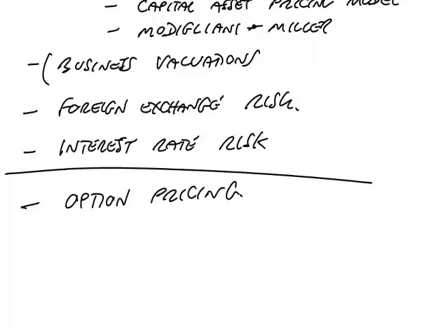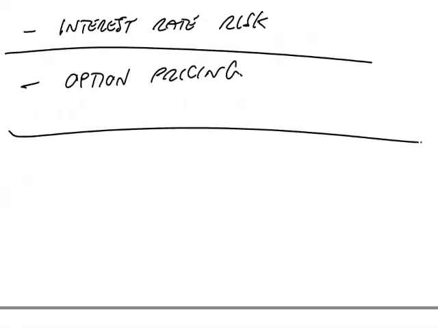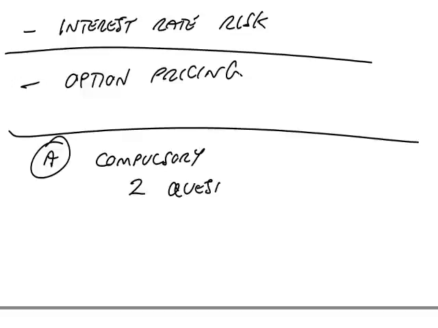A couple more general points. The layout of the exam, the style of it. I think you're used to the idea, but Section A is compulsory. And there are 2 questions. And he said in total it'll be between 50 and 70 marks.